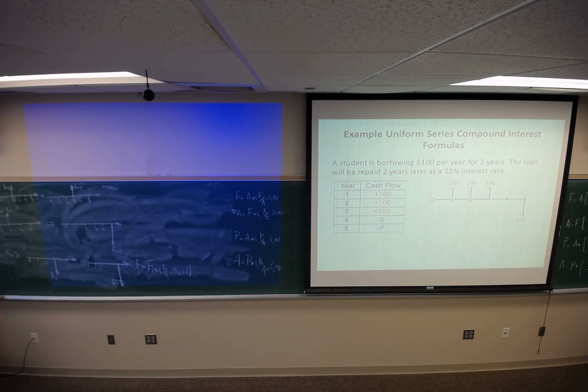F1 would be the present value times F over P, where the interest rate is 15% and N is 4 years. Find F2 for this. Everything is the same except the number of periods: 4 changes to 3.